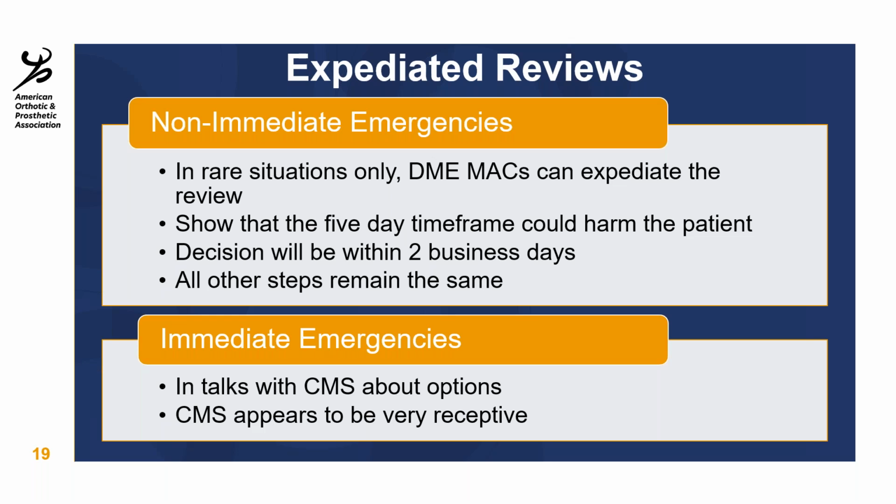However, we do understand that the select KOs and the select spinal braces within this program are sometimes delivered in true emergency or emergent situations, and it may not be possible to get an expedited response, or the patient cannot wait a day or two.